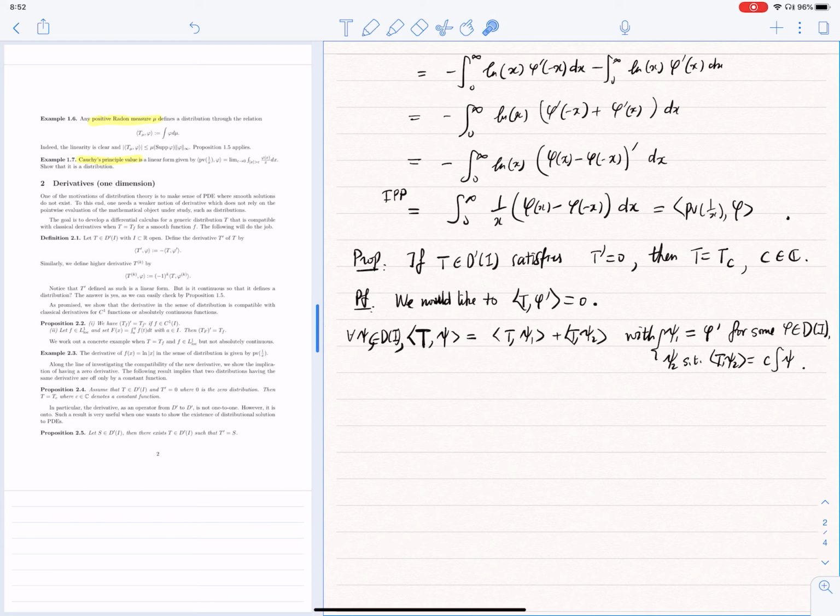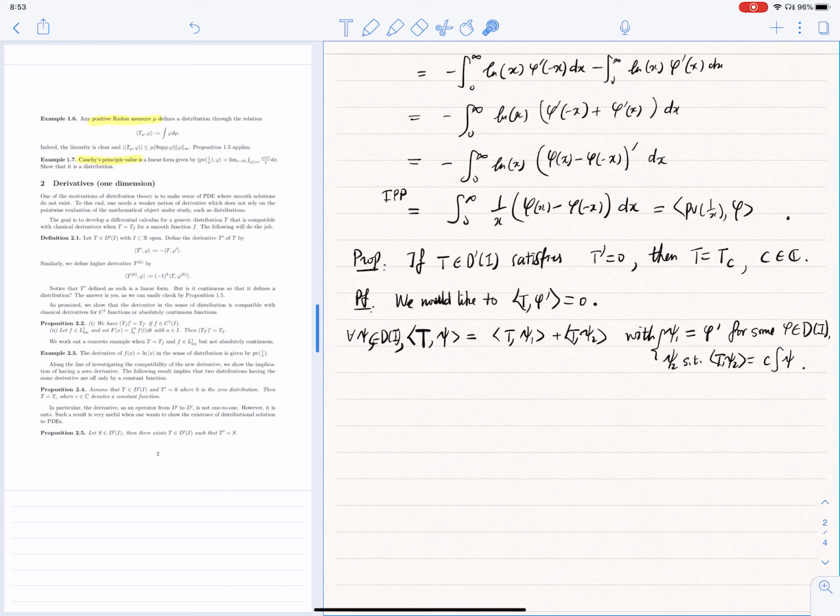The goal is to make a decomposition of the function psi, for any test function, in such a way that one piece of the decomposition is the derivative of some test function. Since T applied to the derivative of a test function is always zero, the first piece disappears.